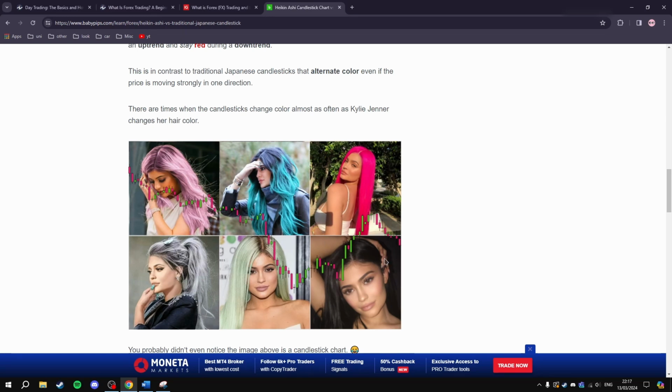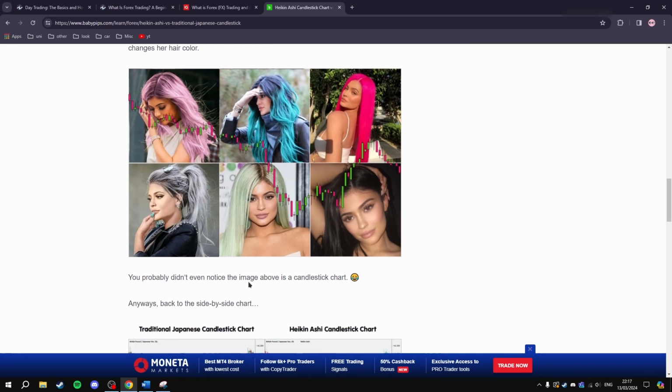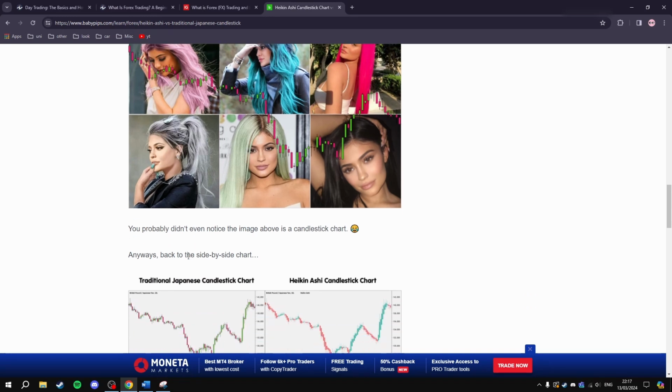There's the candlestick pattern here and all the hair colors. Okay, you probably didn't even notice the image above is a candlestick chart. Oh, I did. Oh, damn. Anyways, back to the side-by-side chart.